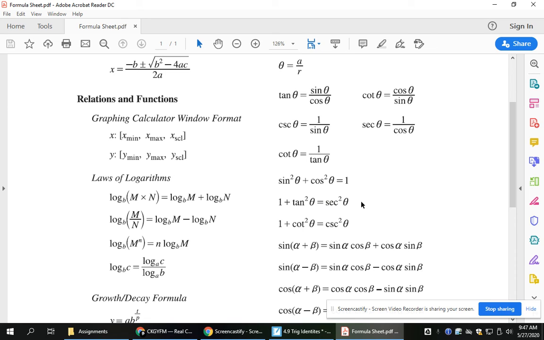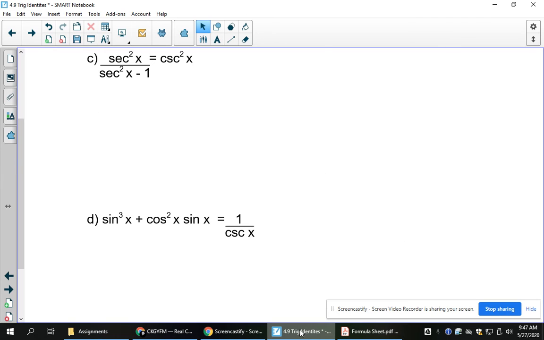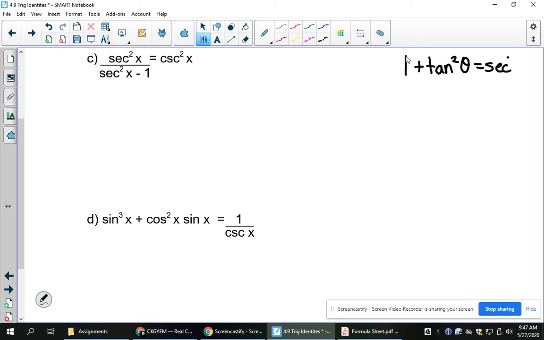1 plus tan squared equals secant squared. Why am I pointing you in that direction? Because if I were to move the 1 over, so let's go back to our notes, if I were to minus the 1 from both sides, I get tan squared equals secant squared minus 1.